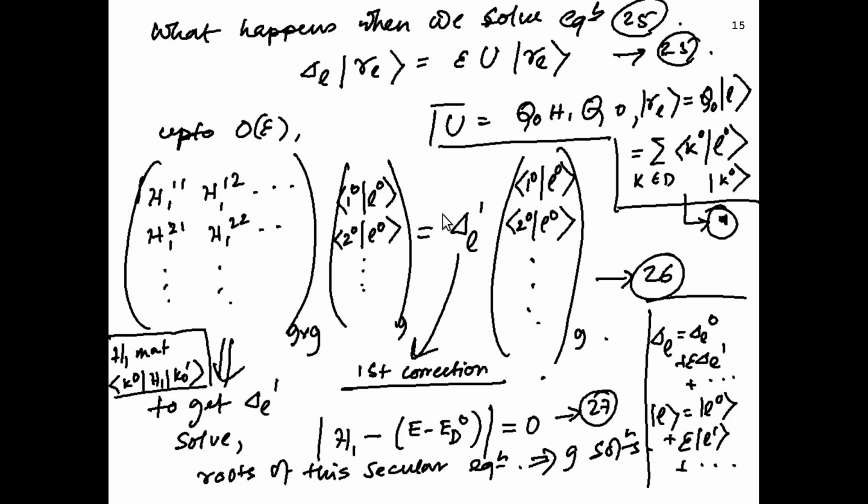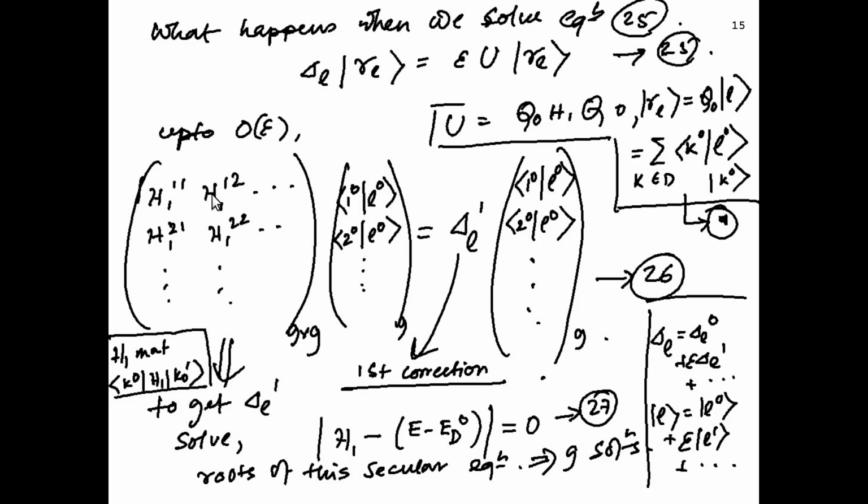Now if I write it in the matrix form, we can see that since there is epsilon on this side, the first order in epsilon equation will contain the delta L1, but the L will contain the L naught, because this equation has epsilon to begin with. So on this side I can have L, on this side I can have L naught, and it will still be of order epsilon only if I take the delta L to be epsilon delta L1.